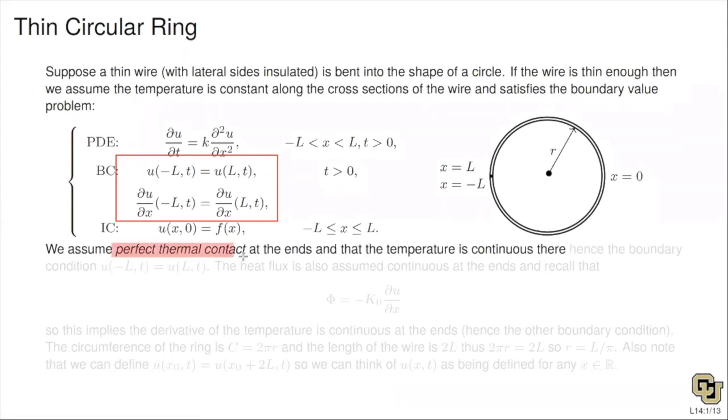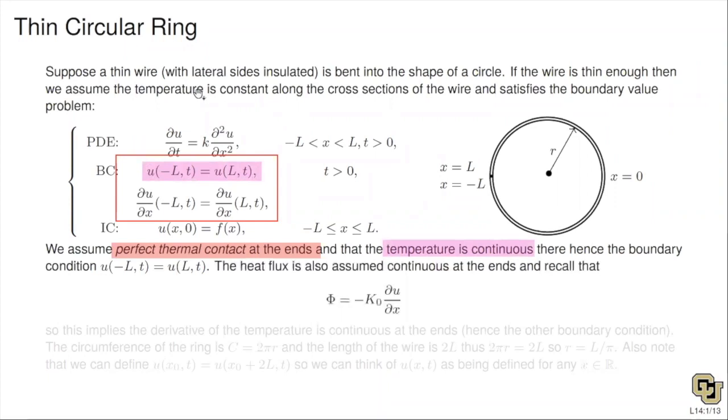We're assuming perfect thermal contact at the ends. And so what does that mean? Well, we're assuming the temperature is continuous at the ends. That's this assumption right here, that the temperature at negative L and L are the same. The temperature is continuous. And also the heat flux is assumed to be continuous.